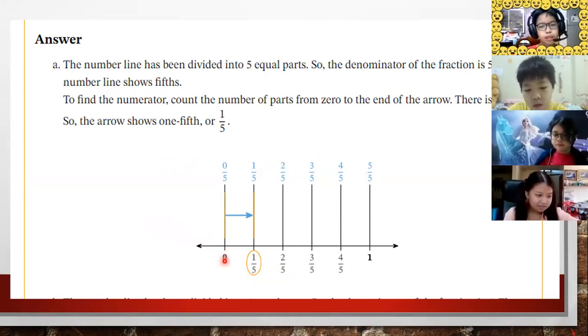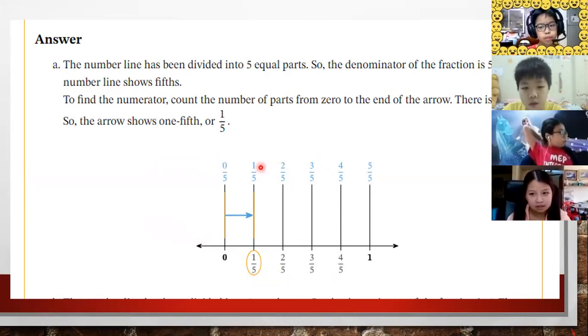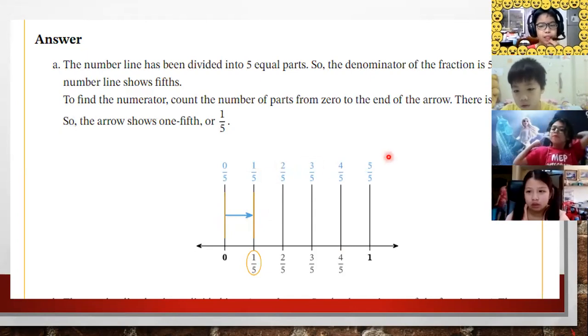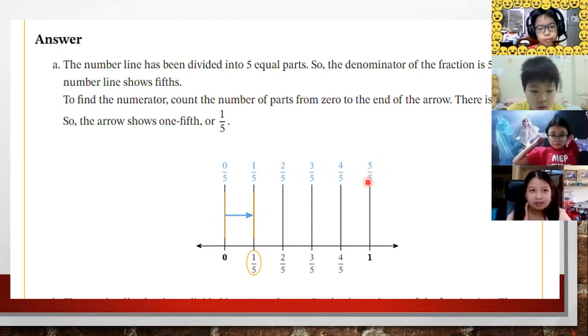Okay, so you start here with 0. So you put 0 as a numerator. And then next, this arrow from 0 to this line is 1. Okay, so next to 1 is 2, 3, 4, and 5. If the numerator and denominator are the same, it is equal to 1.